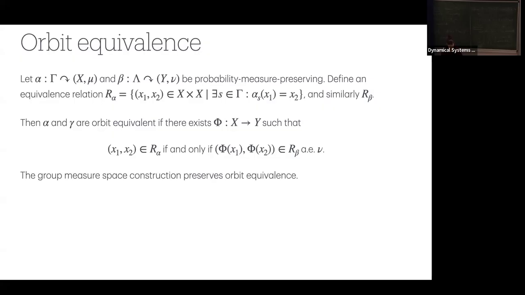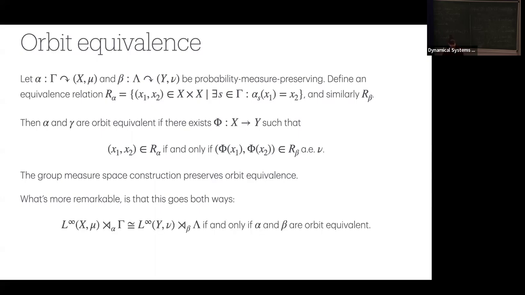And this group measure space construction preserves orbit equivalence. So you really can think about this construction as an actual invariant, which tells you that it's invariant with respect to orbit equivalence. But what's really more remarkable is that this actually goes both ways.